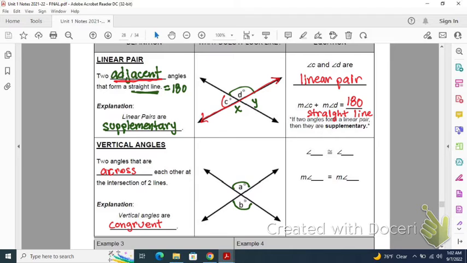And let's say I were to call this X and this other angle Y. These would also be congruent to each other. This time I'm drawing two wings. That's a little sloppy. Okay. I try to connect the wings to the rays so it looks more identifiable.